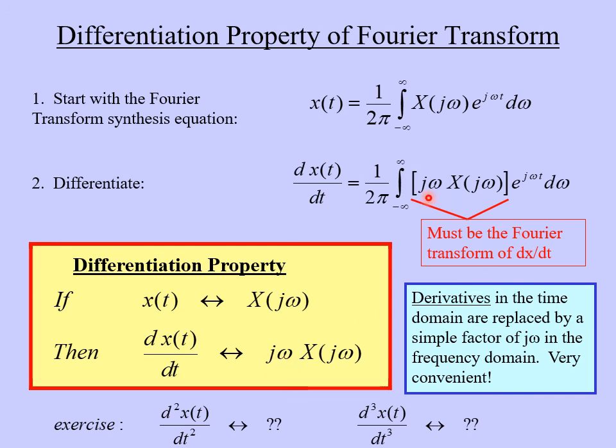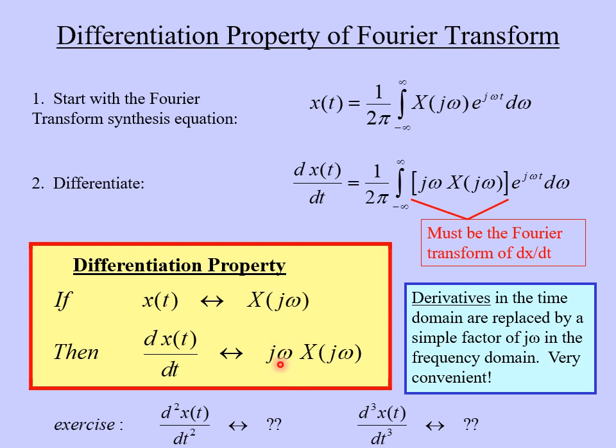That's the factor we picked up when we took the derivative of e to the j omega t. So derivatives in the time domain are replaced by a simple factor of j omega in the frequency domain. Instead of working in the time domain with derivatives, we work in the frequency domain, and there's no calculus here. It's just a factor of j omega.